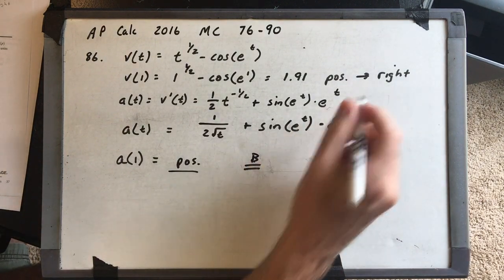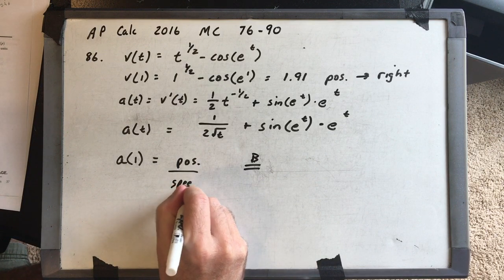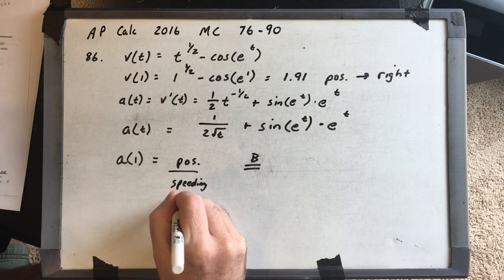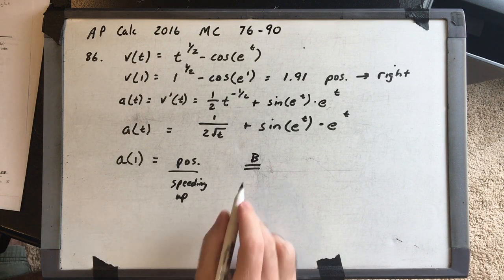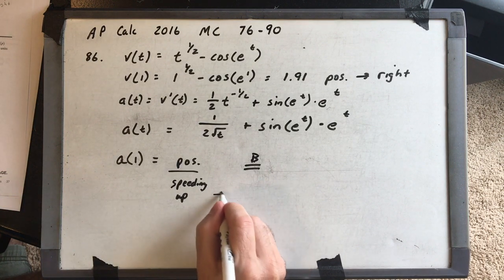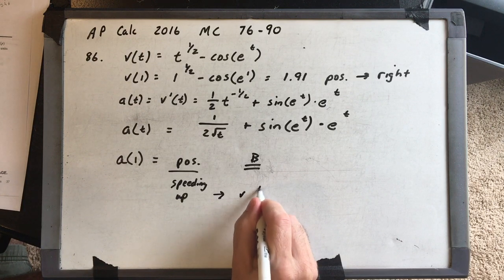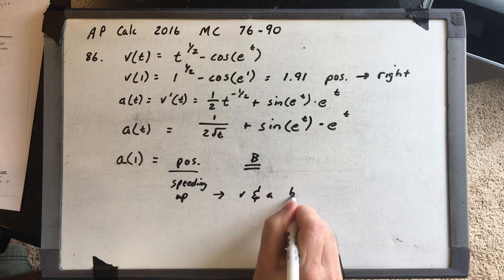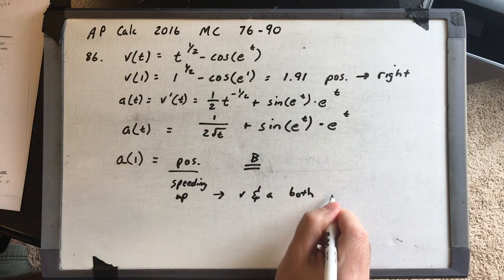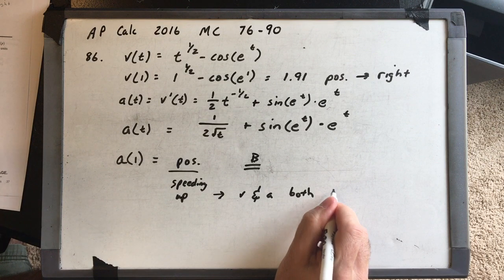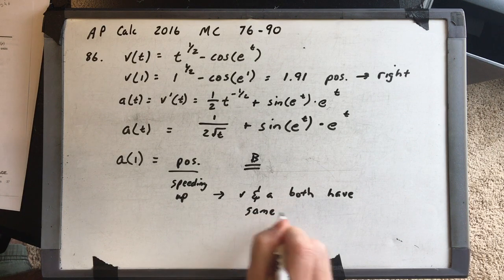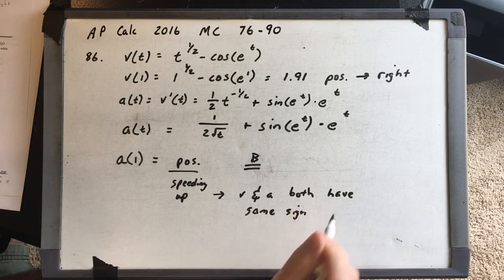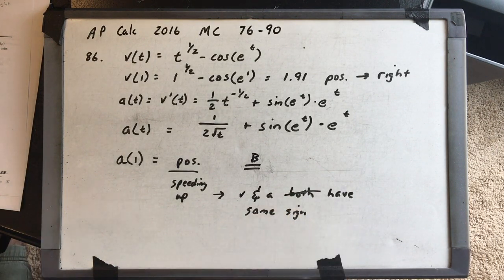So it's speeding up, which it doesn't ask that, speeding up because velocity and acceleration have the same sign. If they're both the same sign, positive or negative, it's speeding up. All right, I guess I could just say, same sign.